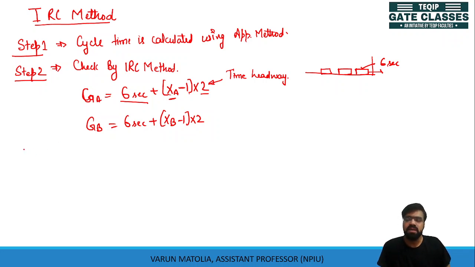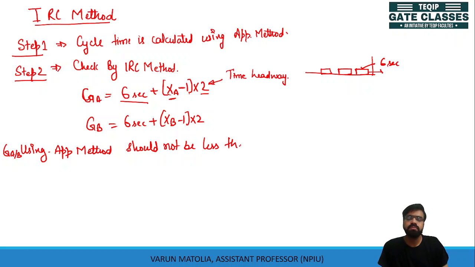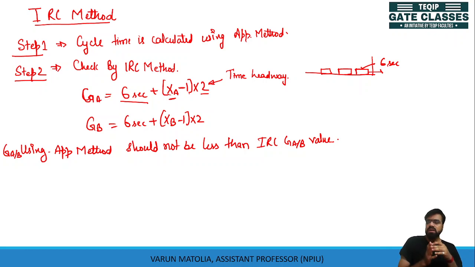Now the time calculated for A or B using the approximate method should not be less than the IRC GA and GB values. The value of green time from the approximate method should not be less than the values of green time calculated by the IRC method.